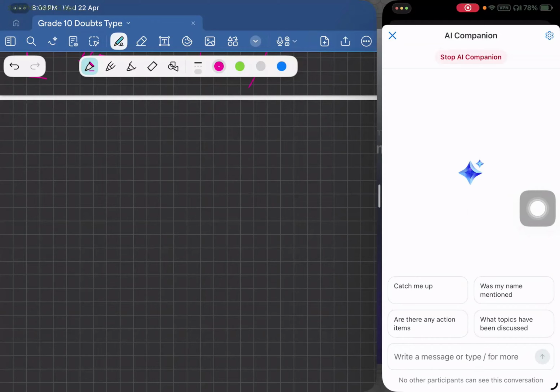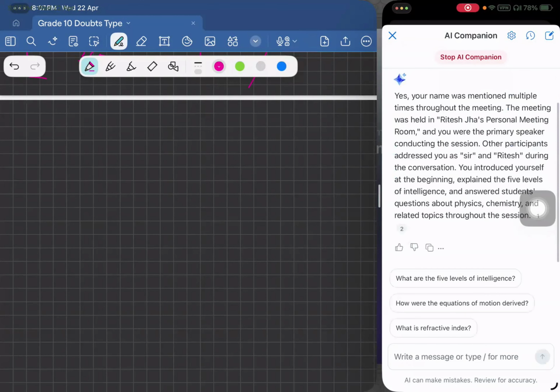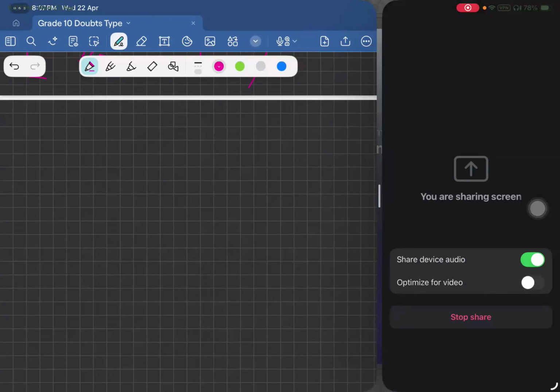Now if I ask, was my name mentioned? It is analyzing and will give me some answer. Probably it will say, yes, your name was mentioned multiple times throughout the meeting. The meeting was held in Ritesh Jha's personal meeting, and other participants addressed you as Sir and Ritesh during this conversation. So you see, this AI is able to give us this data based on the voice, based on our conversation.